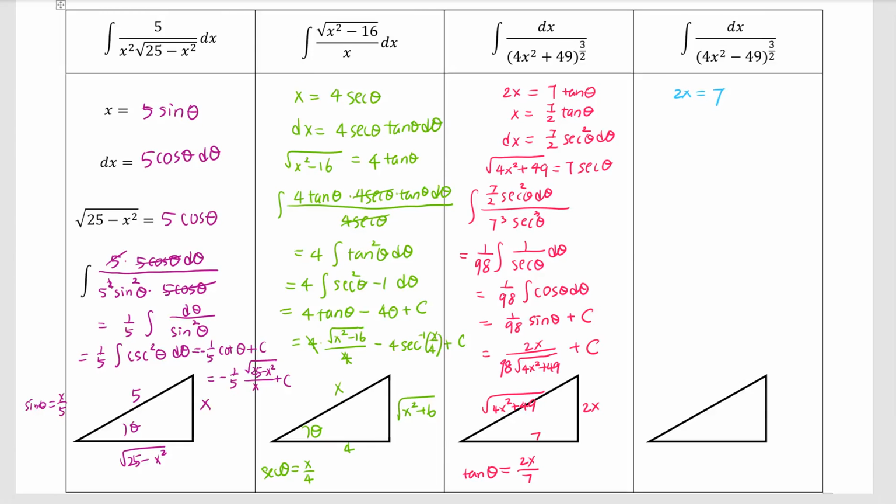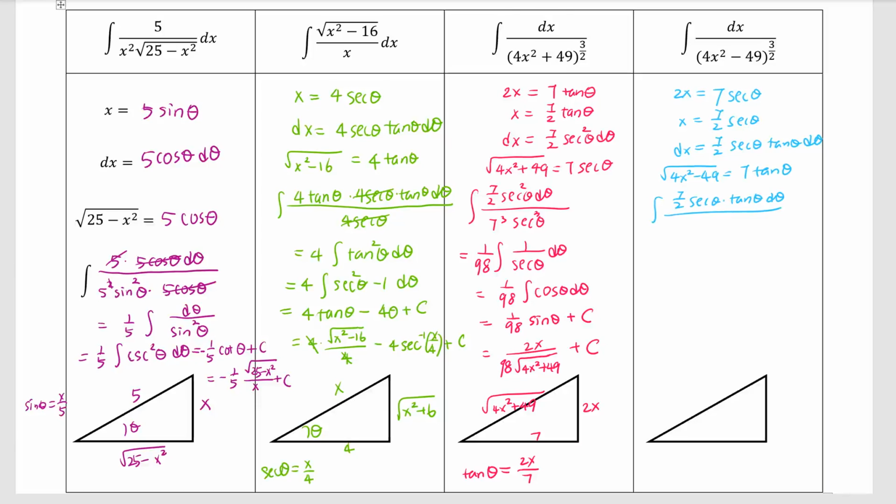So 2x is 7 secant theta, so x is 7 over 2 secant theta, and dx is 7 over 2 secant theta tangent theta d theta.